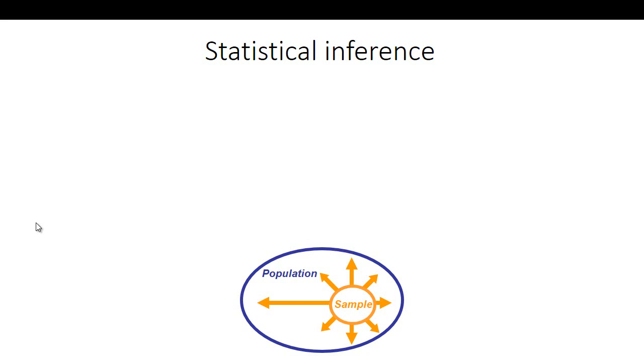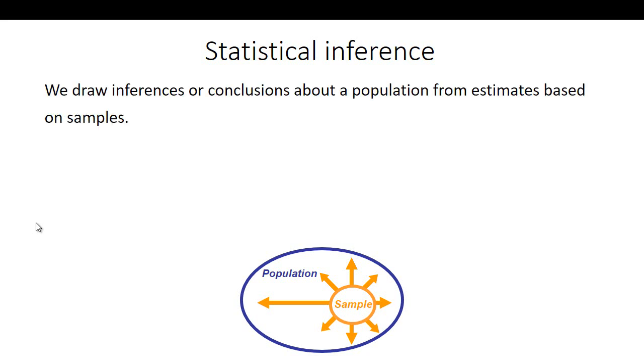Now let me end by saying a little bit about what we will see later. Statistical inference: obviously we pick samples because we can't possibly do measurements for the entire population of individuals.